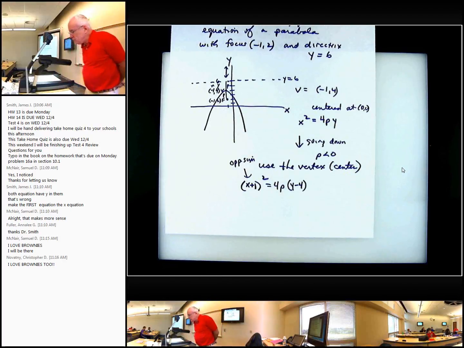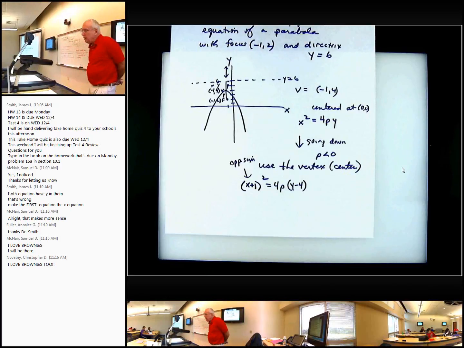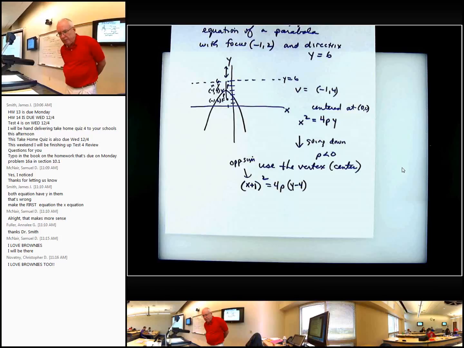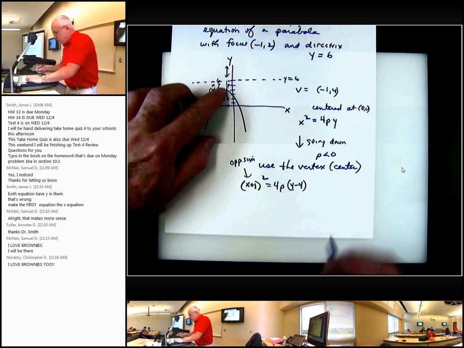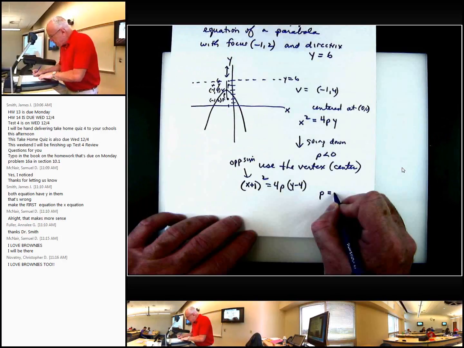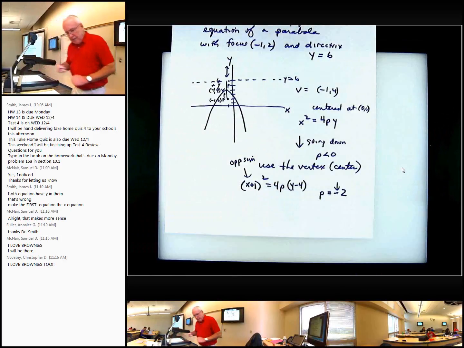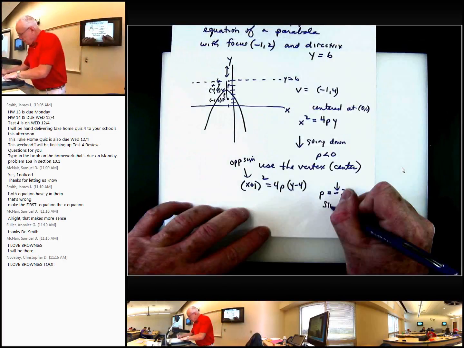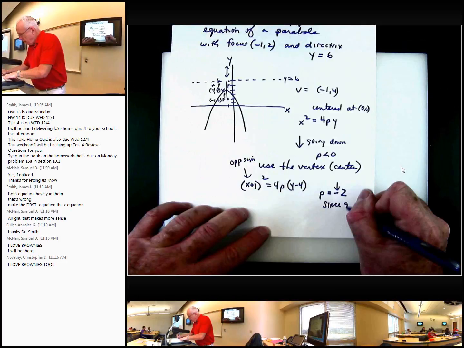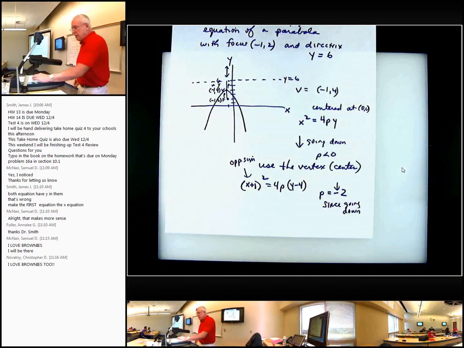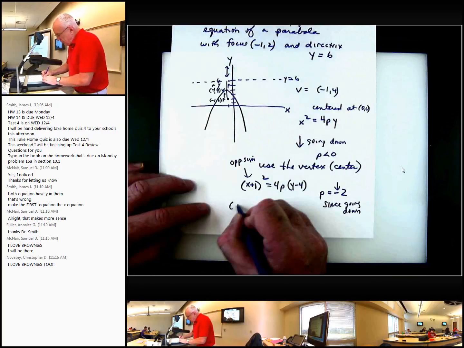If our vertex is -1, 4, and our line there is 6, how much of a distance then do we have between those two? Distance is 2. Okay, but p is going to be a -2, not a +2, because it's going down. All right. So therefore, now that we figured out the p-value here, we're finished with the equation.